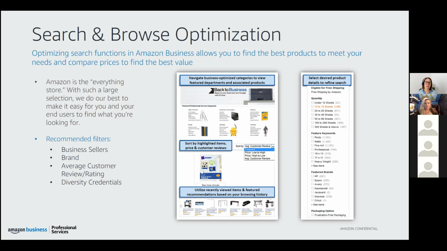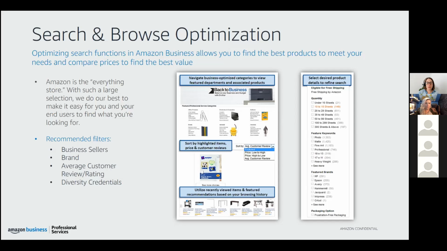Here you can see featured departments and associated products, and also things based on your previous browsing history. You can, on this page and on any other page, use the sort feature to sort by average customer review or price, say low to high. And you also have access to filters. So two of the filters I really recommend are those coming from business sellers and Business Prime, of course.